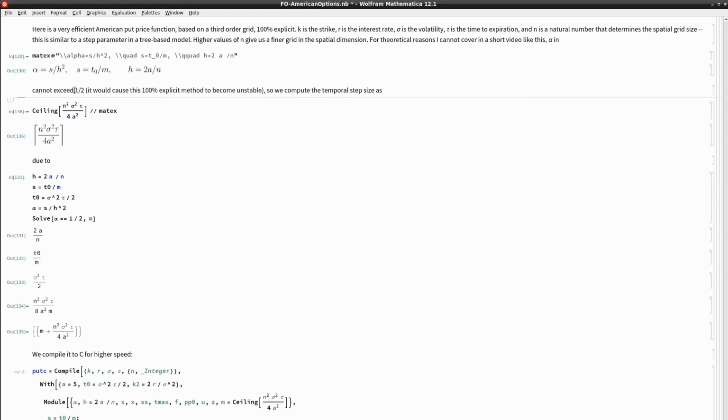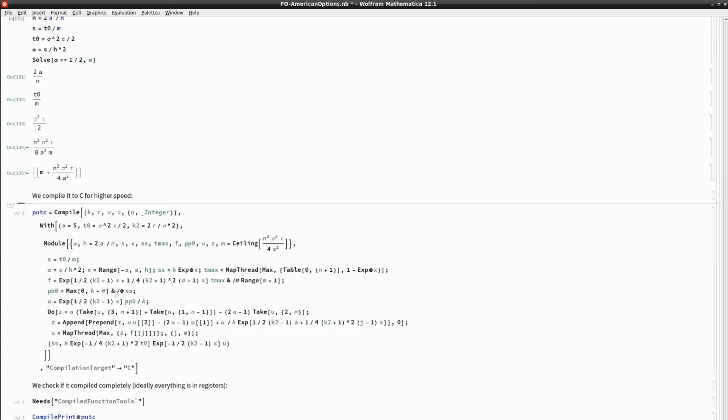If I don't make it a half but leave it lower, then I give up speed. And if I go above a half, then I get lack of stability. So this is the way to compute m automatically. We will now always have alpha just a smidgen below a half. Okay, and here we have our method.